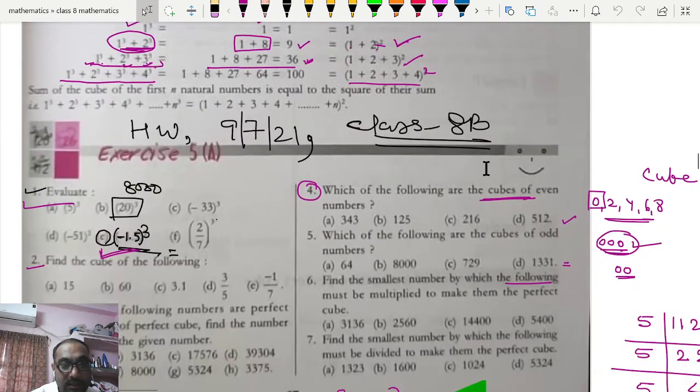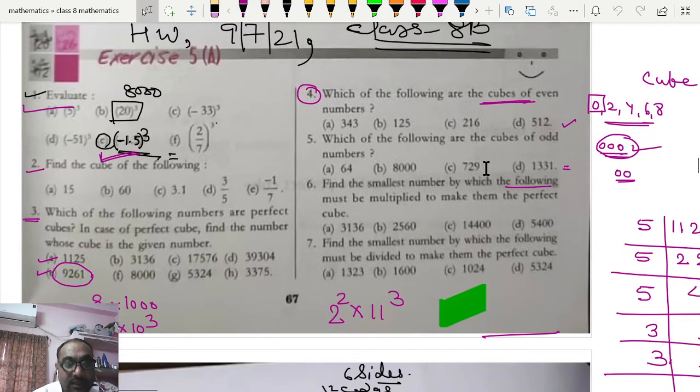So this is the very first exercise of cubes and cube roots. See, how to find the cube? You will multiply the same number thrice. If it is 20, then the cube of 20 is 20 into 20 into 20, which means 8,000.